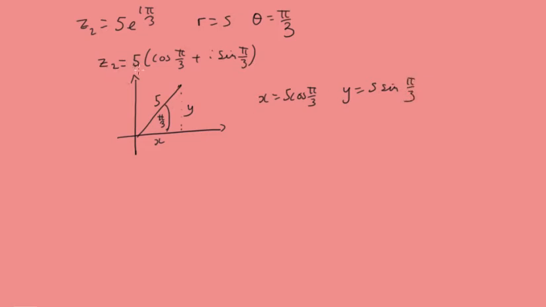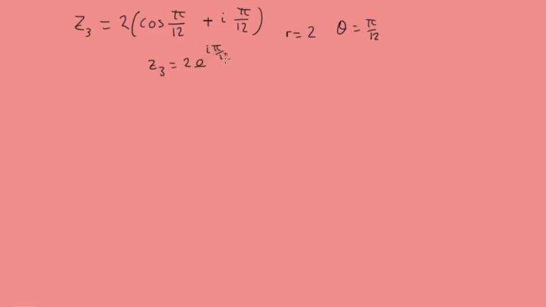And you can see it by actually equating the values in our modulus argument form. So x is going to be 5 over 2, and y is going to be 5 root 3 over 2. So z is going to become 5 over 2 plus i 5 root 3 over 2.